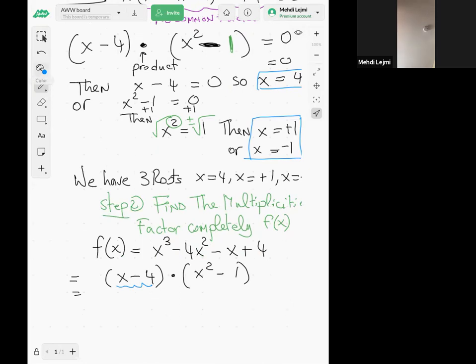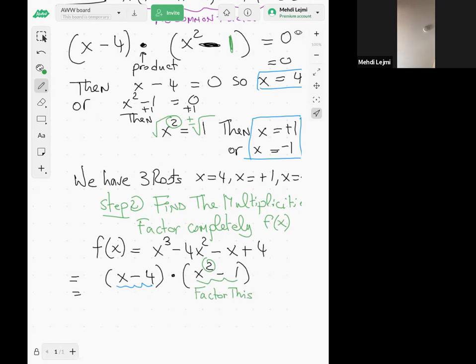Now, what about the x squared minus 1? Because it's a square, then you can actually try to factor this. So x squared minus 1.